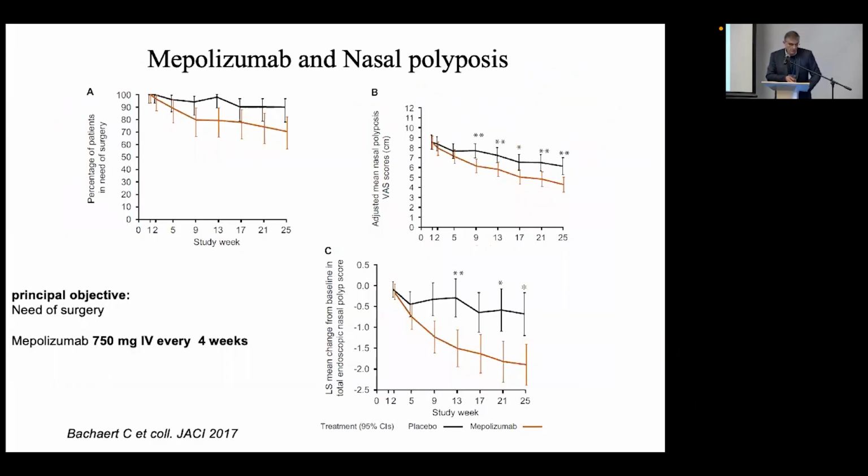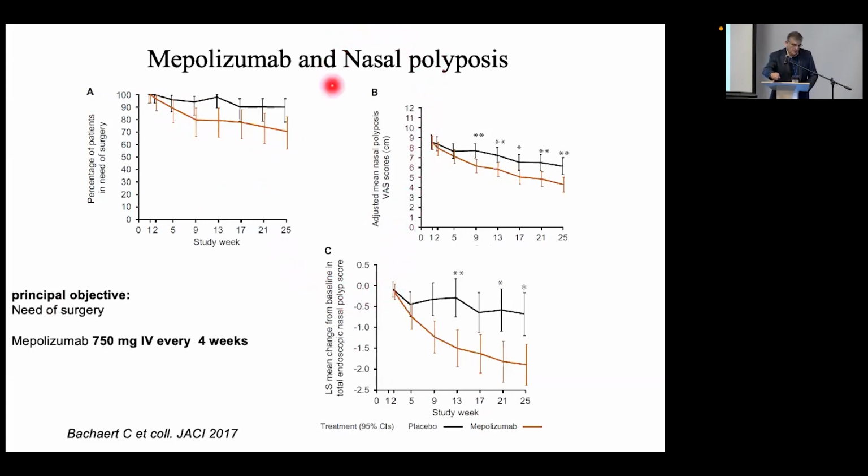For mepolizumab, it's exactly the same. If you look at that, you have the percentage of patients. This is an interesting data, because for these patients it's the need of surgery, and using mepolizumab, you can decrease the need of surgery as compared to placebo.